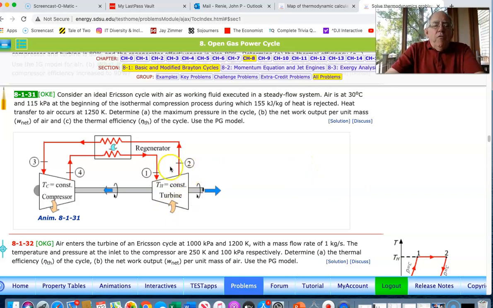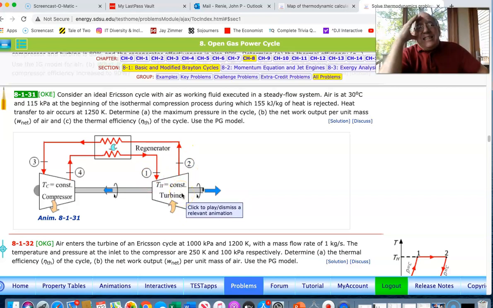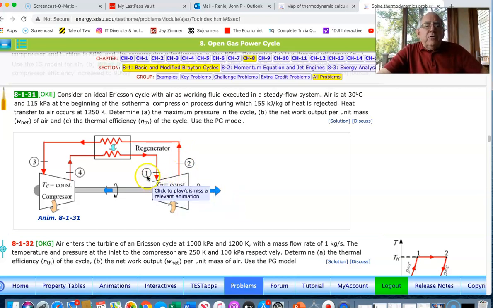We also know over on the turbine side that the expansion from 1 to 2 is also constant temperature. Temperature 1 and temperature 2 are both at the temperature at which the heat transfer to the air occurs, 1250.